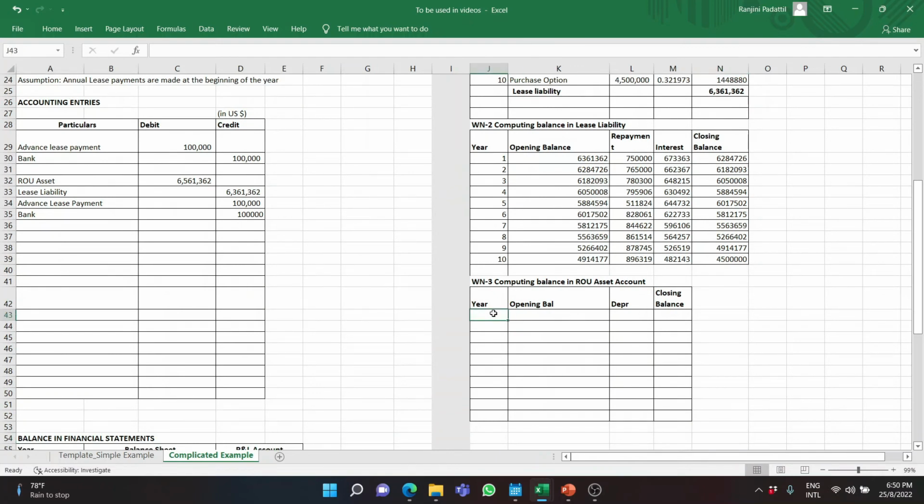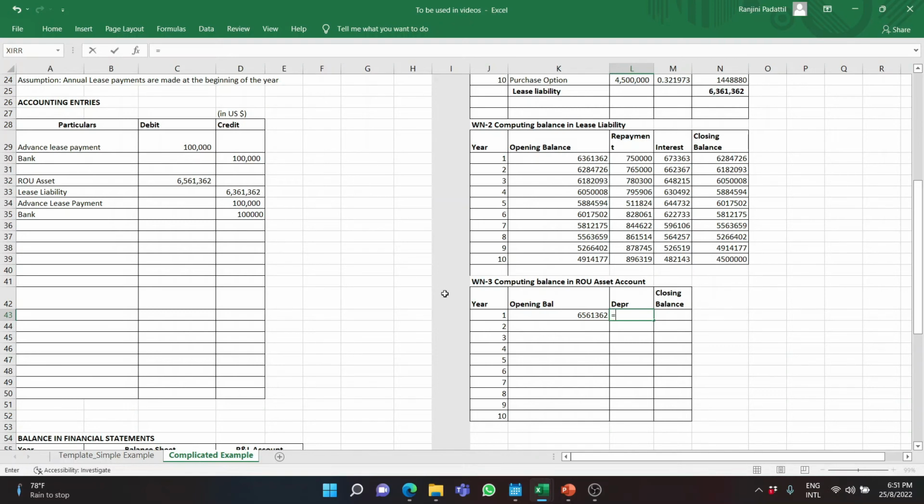Now we come to the ROU asset. Same thing. We're talking about 10 years. You take the opening balance of the ROU asset from your journal entry. The depreciation is done on a straight line basis. But since the lessee is reasonably certain to buy the asset, you will consider the entire economic life of the asset and not just the lease term.